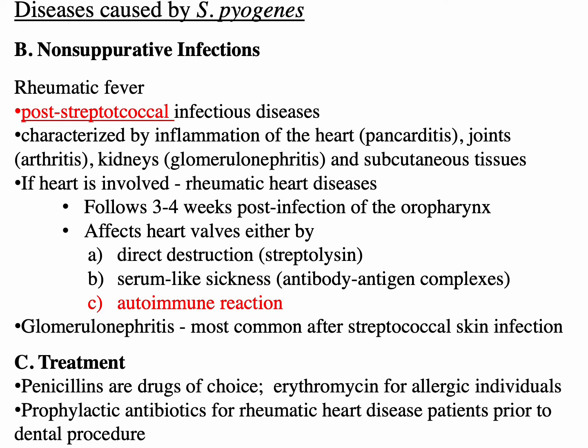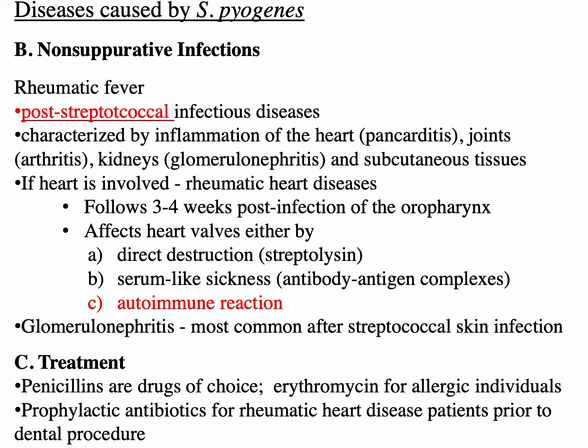Antibodies find them and bind to them, forming a complex that deposits onto body tissue, whether it's the joint, the kidneys, the heart surface or some other subcutaneous tissue, leading to the body reacting to it. So that's the second theory.